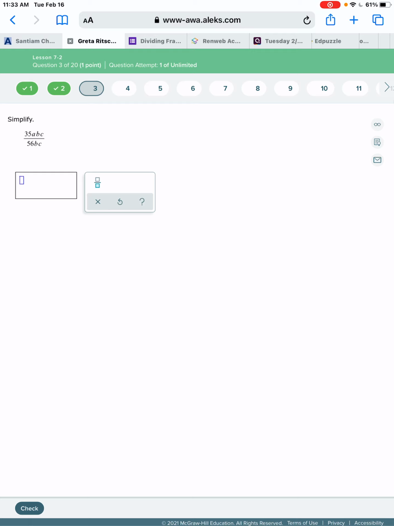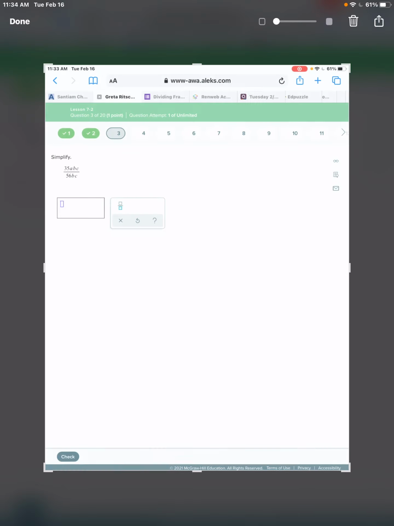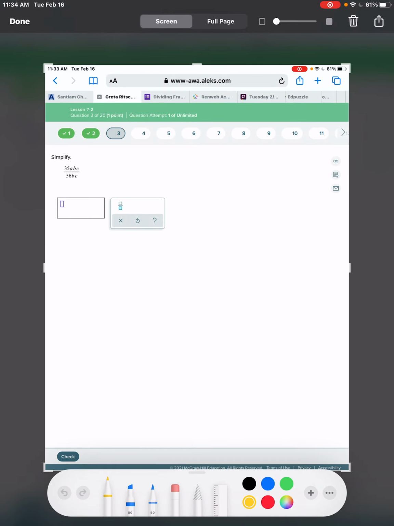All right, when I have 35ABC over 56BC, I can cancel things that match up. So, notice that I'll simplify the numbers if I can. Let's see, I thought there might be an A in there, but there's not. But there's definitely a B over B and a C over C. So those guys are going to cancel.